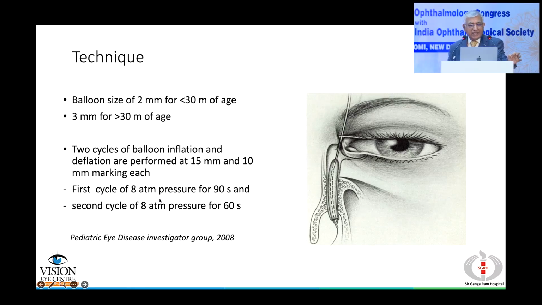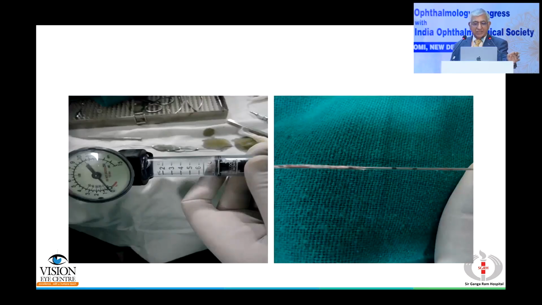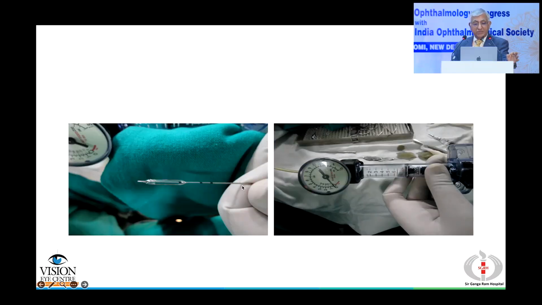And first cycle of 8 atmospheric pressure, second cycle of same pressure for 90 and 60 seconds respectively. This is to give that sustained period of dilatation, and this is how you create the pressure with an injection, and the balloon here inflates, and once the balloon inflates, it causes a dilatation of the entire canal.